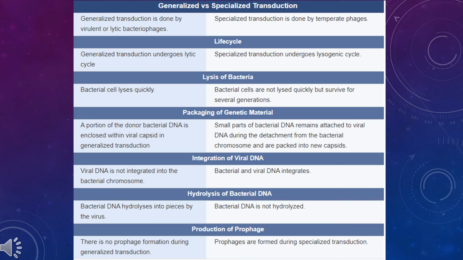And then in hydrolysis, bacterial DNA is hydrolyzed into pieces by the virus in generalized, while in specialized, bacterial DNA is not hydrolyzed. And then for the production of prophage, there is no prophage formation in generalized, while in specialized, prophages are formed during the very first of the infection.